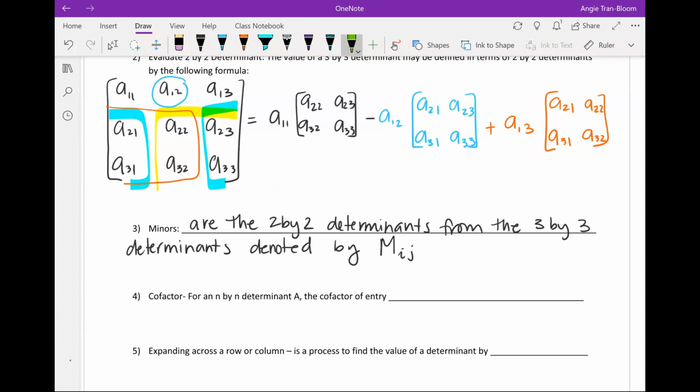So all that is this right here. This is the minor. This is another minor. And this is another minor. Those are minors because those are from the 3 by 3 determinant.